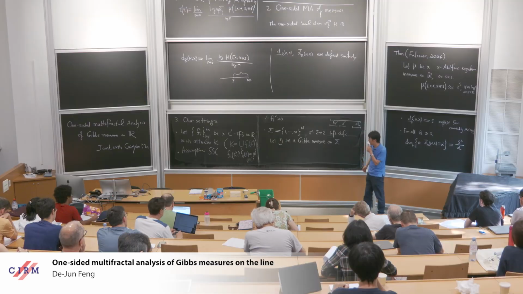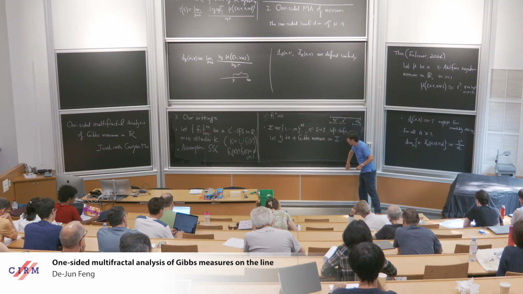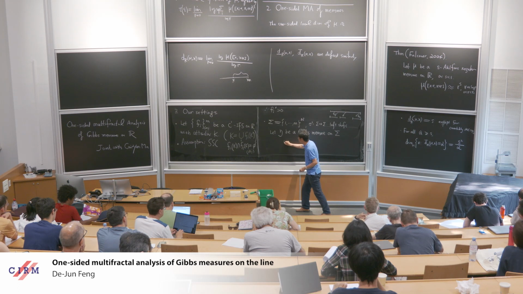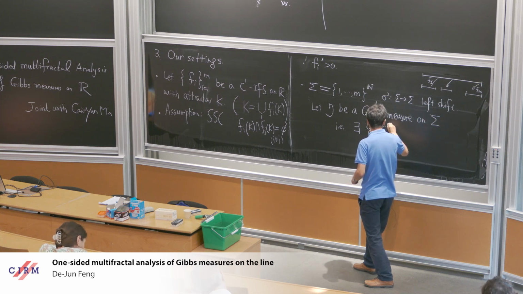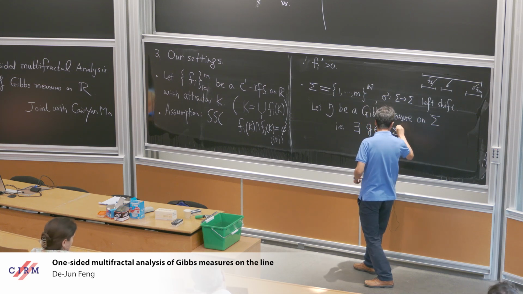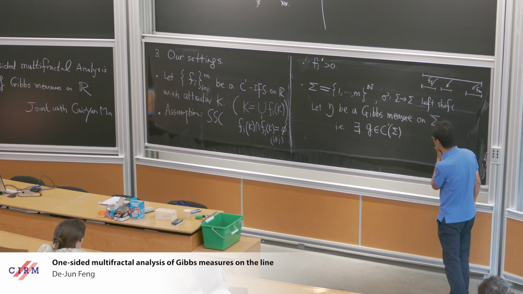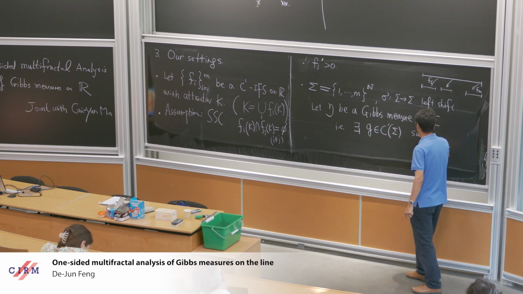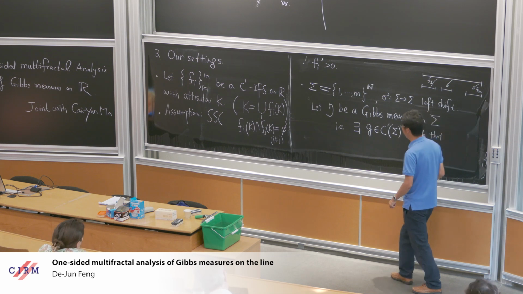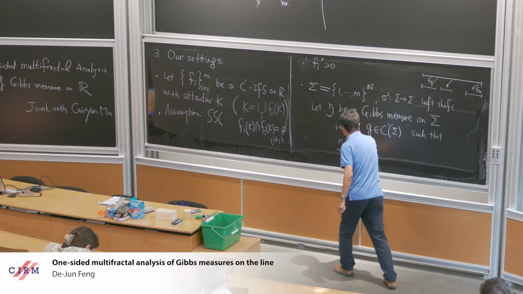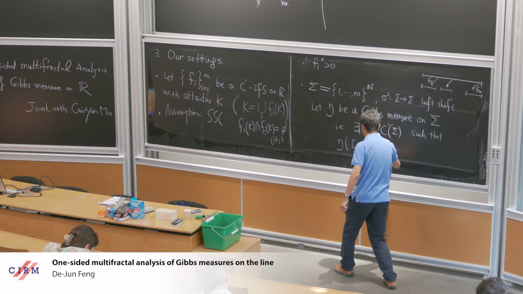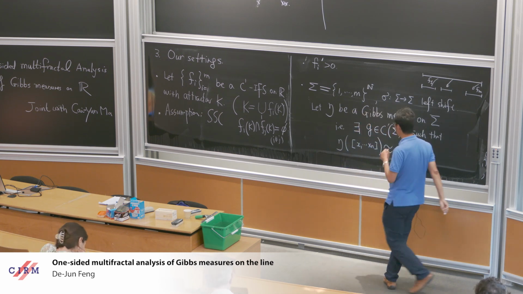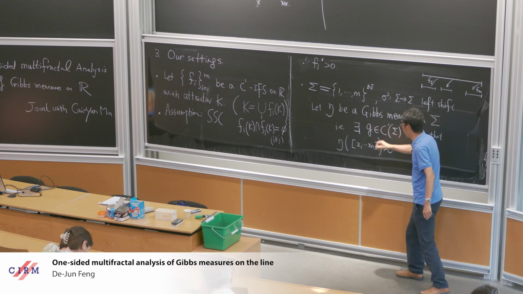Okay, here Gibbs means there exists a continuous function g on the symbolic space such that, restricted to the cylinders, the measure is controlled by the potential g.